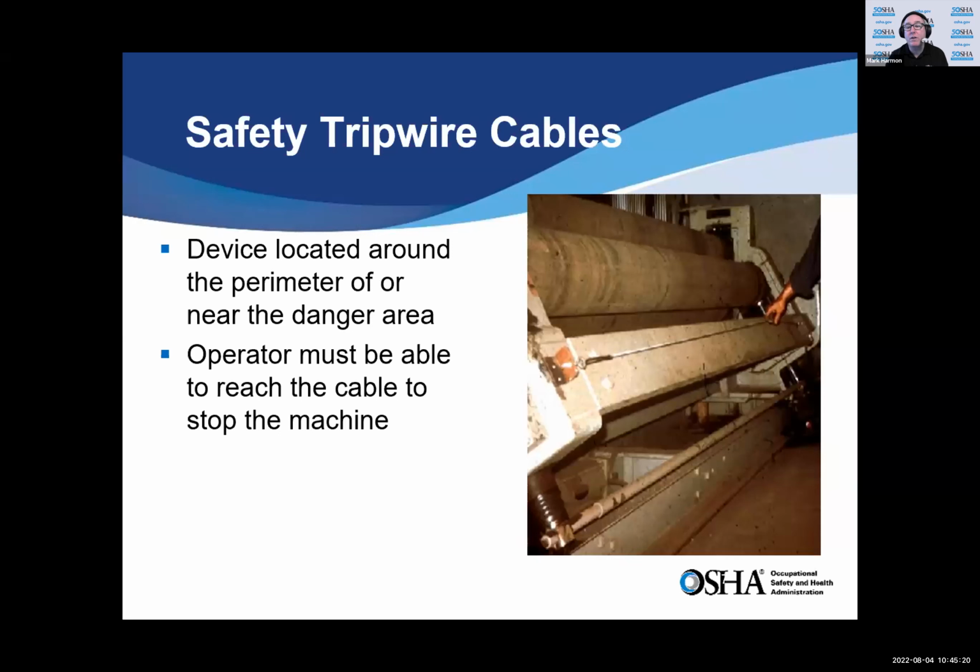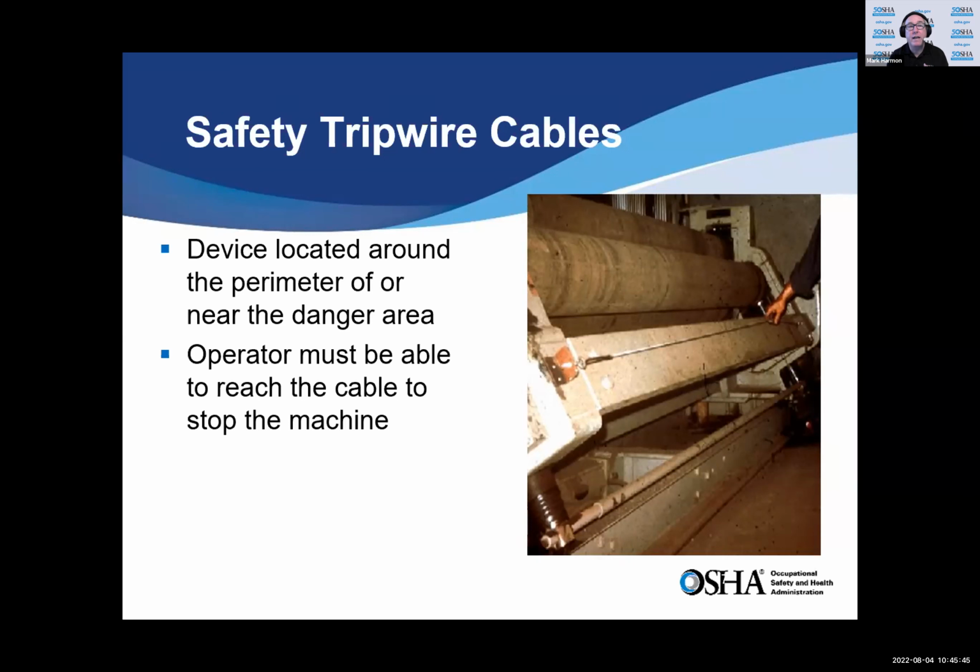Safety tripwire cables. Again, when you have certain types of machines, think of rollers, the device is located around the perimeter or near the danger area, and the operator must be able to reach the cable to stop the machine. So again, tripwire cables, another form of safeguarding.